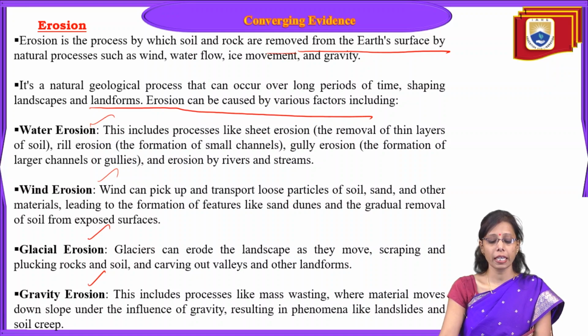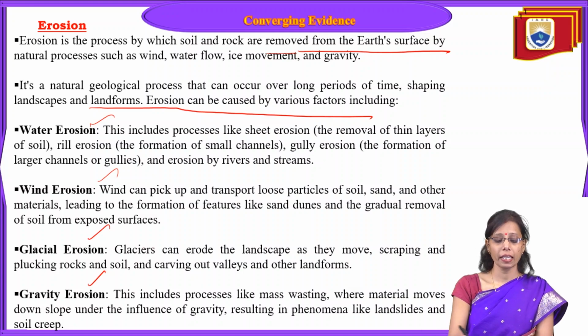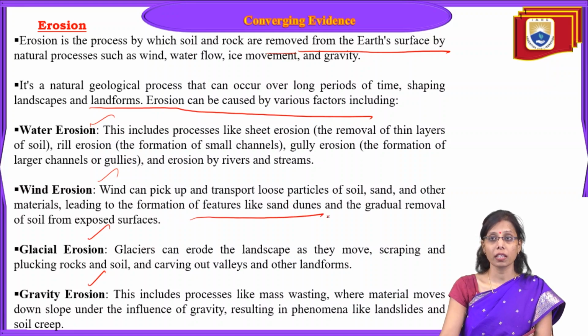Wind erosion: wind can pick up and transport loose particles of soil and other materials, leading to the formation of features like sand dunes and the gradual removal of soil from exposed surfaces. Glacial erosion: glaciers can erode the landscape as they move, scraping and plucking rocks and soil and carving out valleys and other landforms.